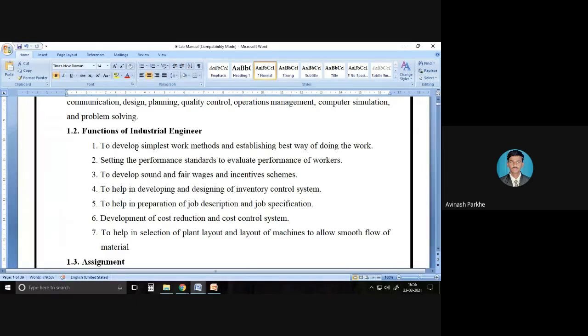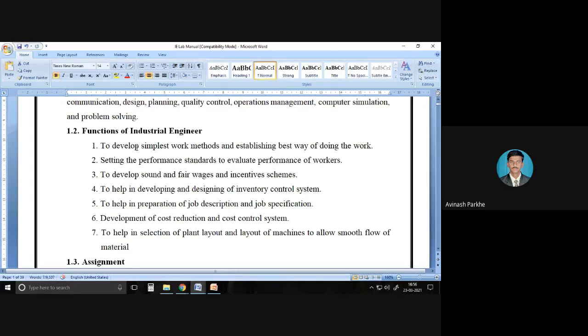At that time, we have to prepare the proper flow: in which sequence the machines are to be located, in which sequence the material will flow from one machine to another, from second to third to fourth, and like that you get the output. While designing the plant layout and the flow of machines and raw material, the role of the industrial engineer is very important. That means before starting the industry and once the industry has started, in both conditions the industrial engineer plays a very important role.